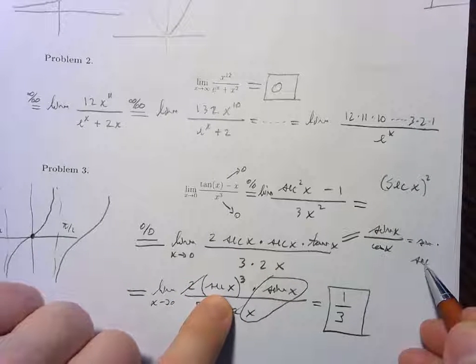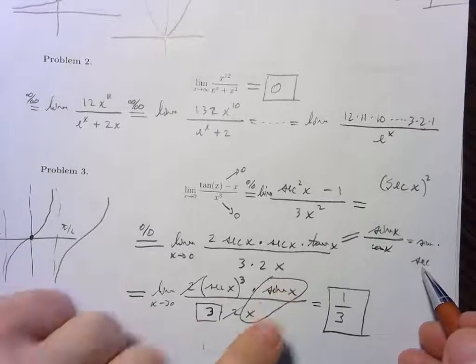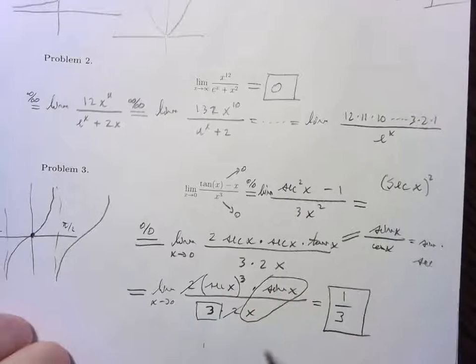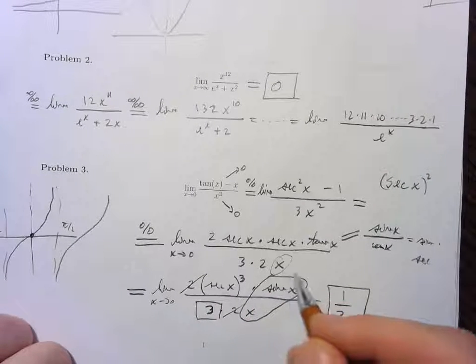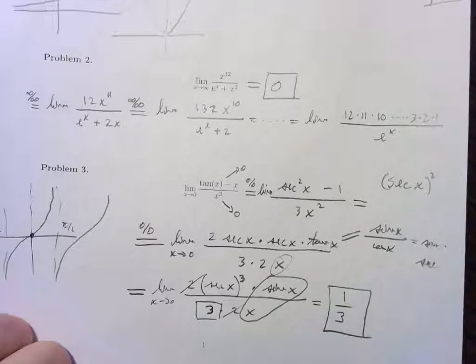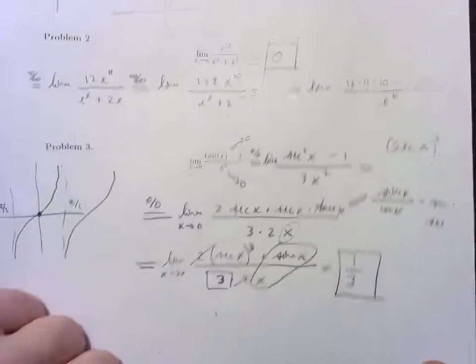I know that secant goes to 1, so that doesn't bother me anymore. Sine x over x, so that doesn't bother me anymore, and I'm done. Right? I made my life a little bit simpler. Let's do the next one.